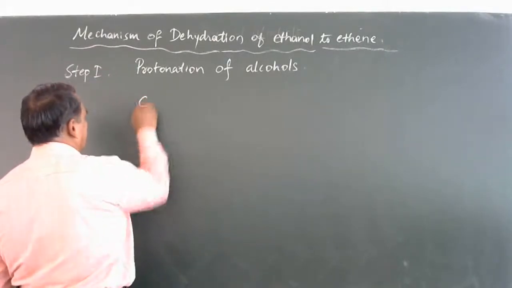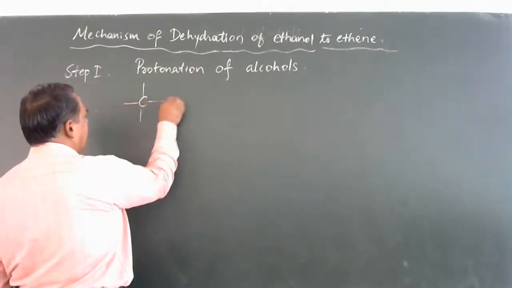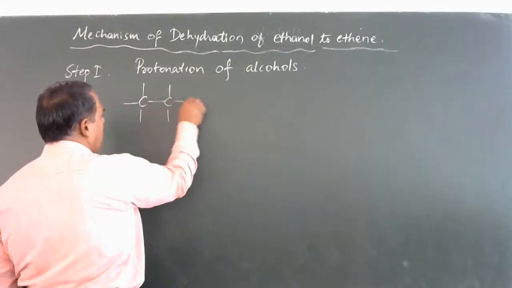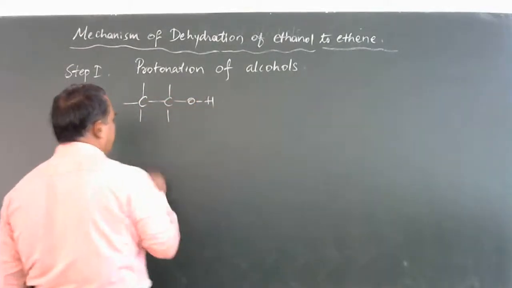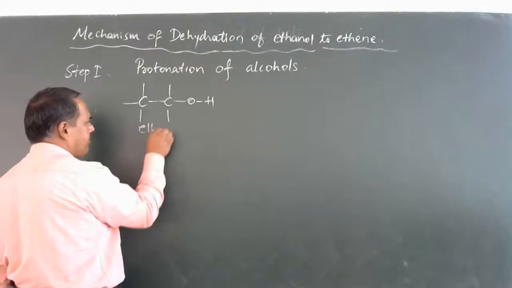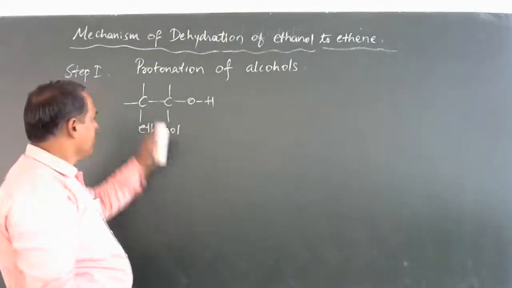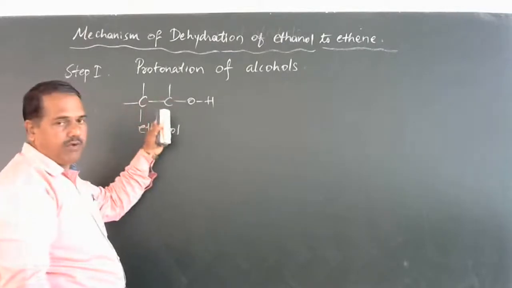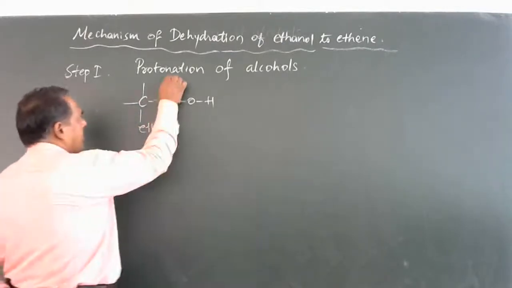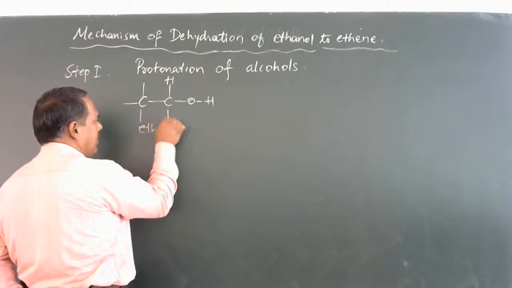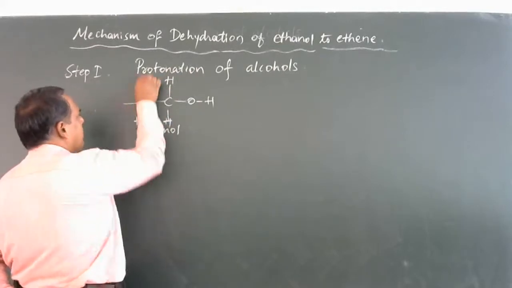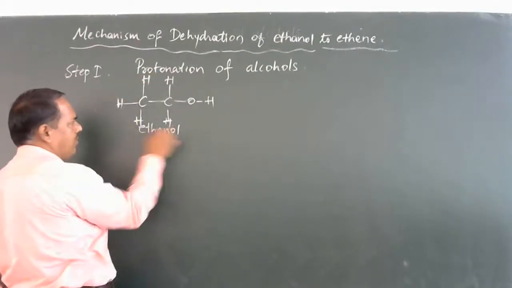See, this is nothing but ethanol, C, again O and H. While writing the mechanism, write its complete structural formula, then only it will be clear. See, hydrogen atom, again hydrogen atom, ethanol.